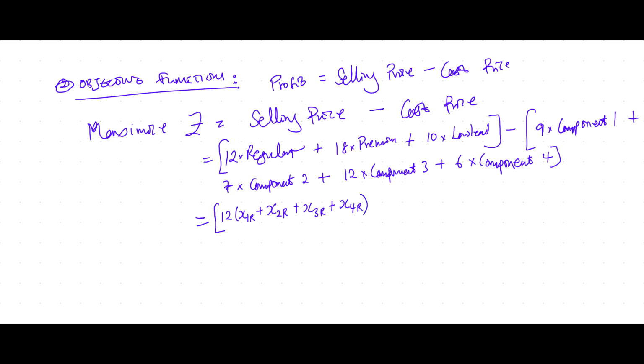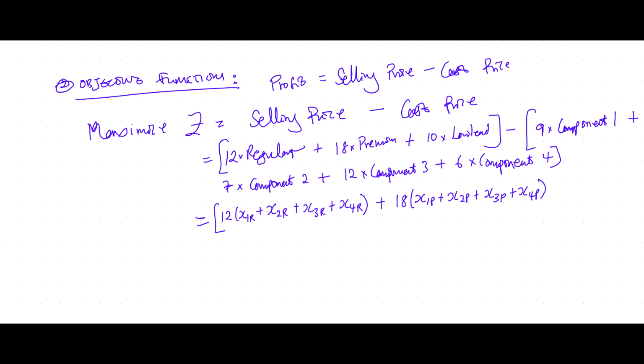So we have this plus the 18 premium. So 18 multiplied by component 1 in premium plus component 2 in premium plus component 3 in premium plus component 4 in premium.